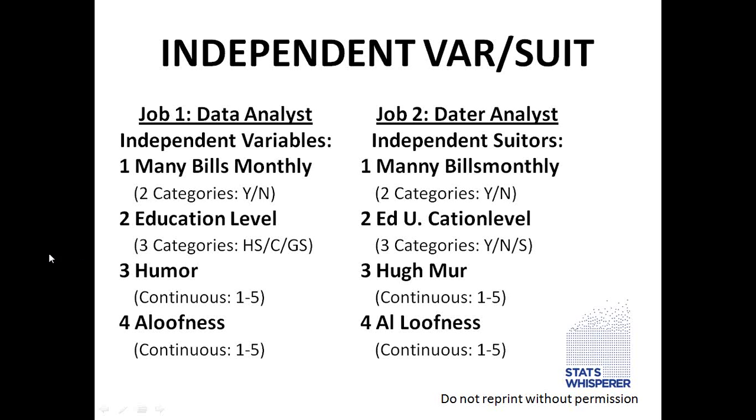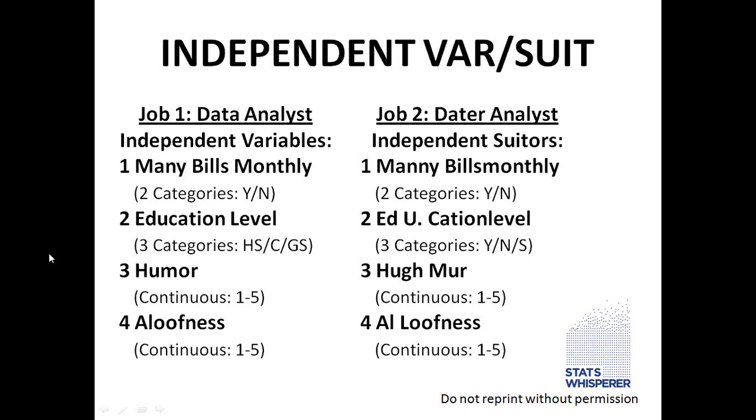First of all, many bills monthly. So do you get many bills a month? Yes or no, right? And how does that impact your happiness? Number 2, your education level. How does your education level impact your happiness? Number 3, how does your level of humor impact your happiness? And number 4, how does your level of aloofness impact your happiness? Right? So those are our independent variables.